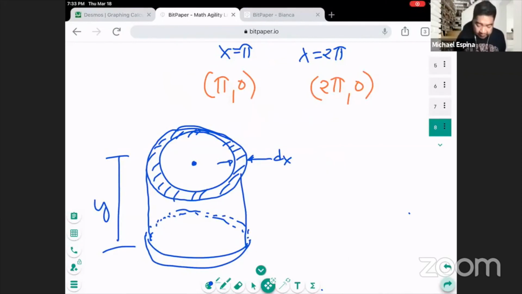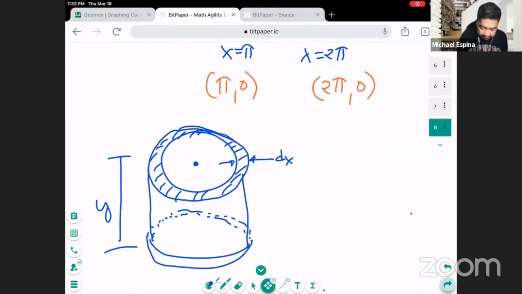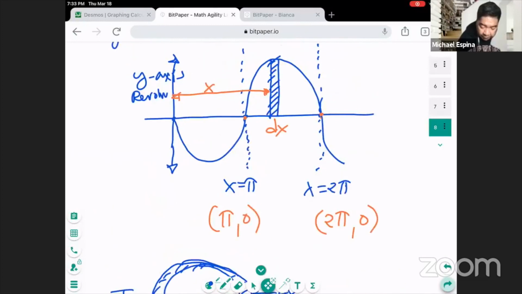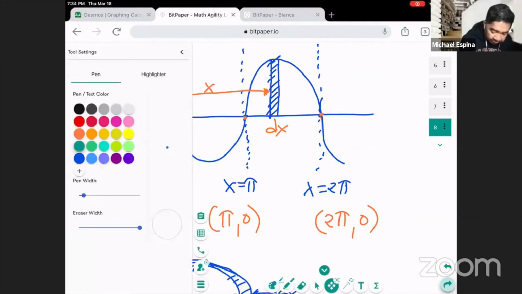And since the lower part is the x-axis, which is exactly this point here, we need to find the cylindrical shell. The area of a cylindrical shell is equal to 2 pi R H. R is your x, this distance here, and this is your H. Let me change the color of my pen.